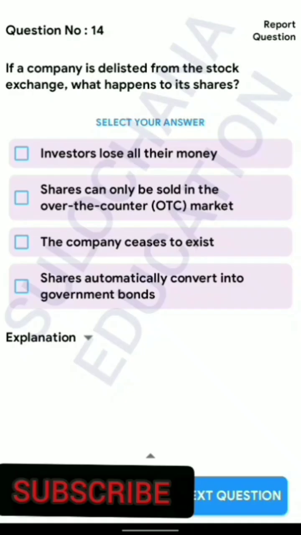If a company is delisted from the stock exchange, what happens to its shares? Options are A, investors lose all their money. B, shares can only be sold in the over the counter OTC market. C, the company ceases to exist. D, shares automatically convert into government bonds.